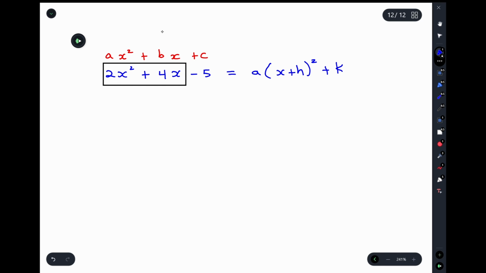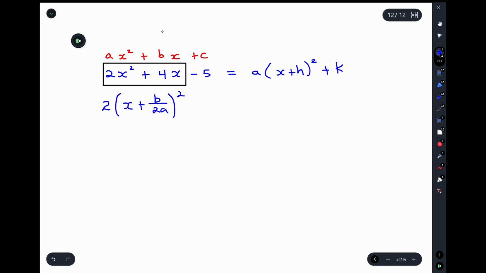So what I'm going to do, I'm going to place 2, which is a, on the outside, and I'm going to have x plus b divided by 2a inside the brackets, squared.